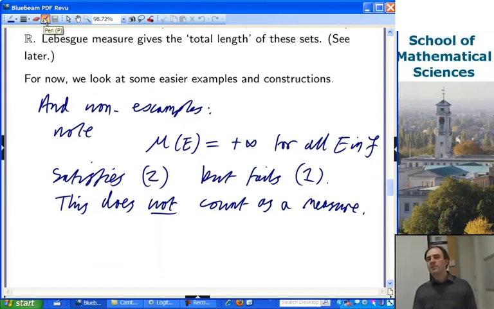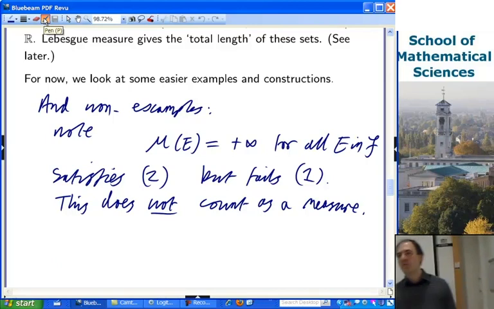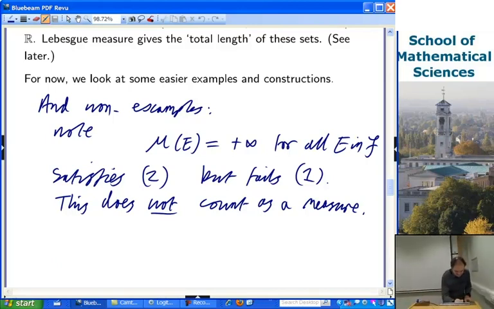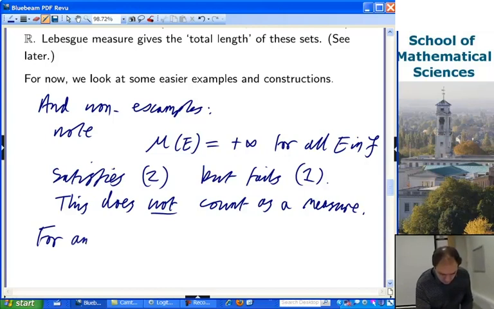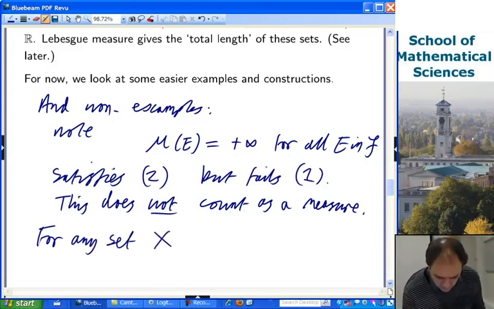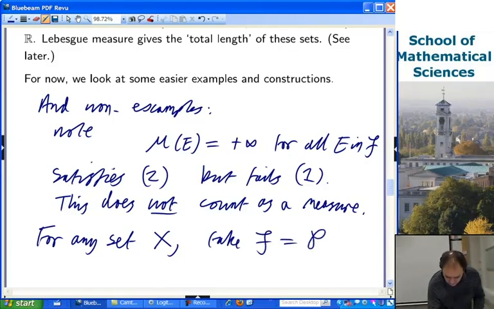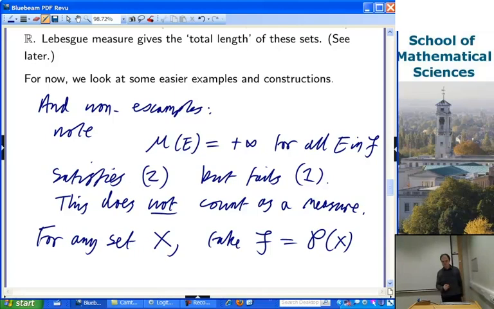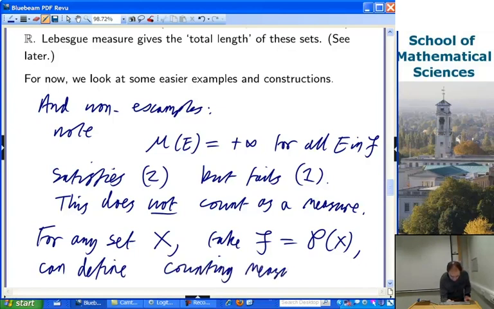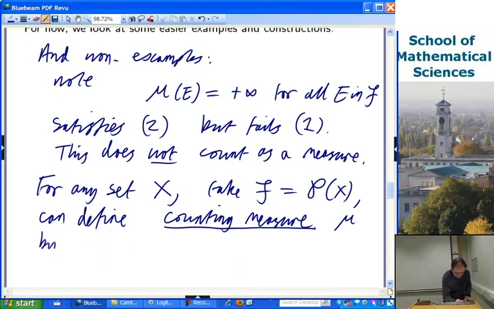Now there's a useful one that works on all subsets of a set, on any set. So for any set X, take F to be P of X, the biggest possible sigma field. You can define counting measure as follows.